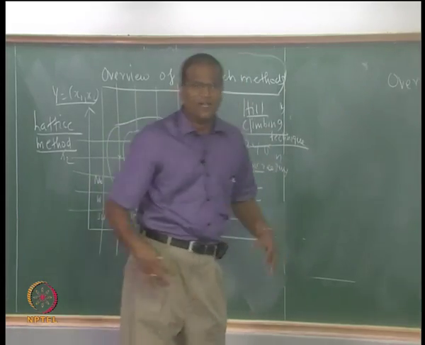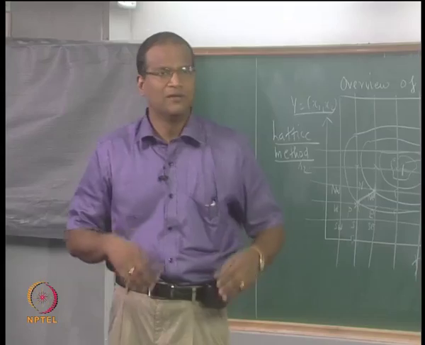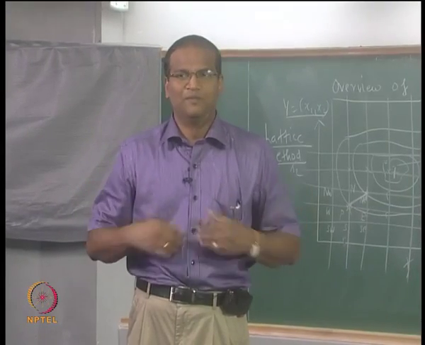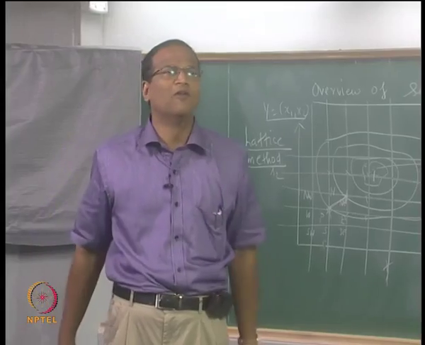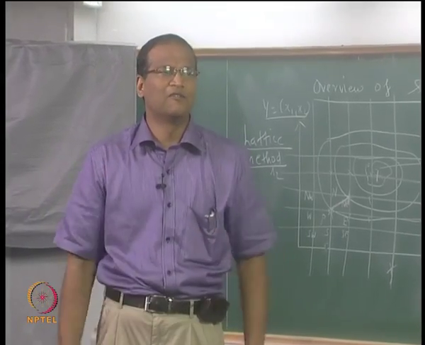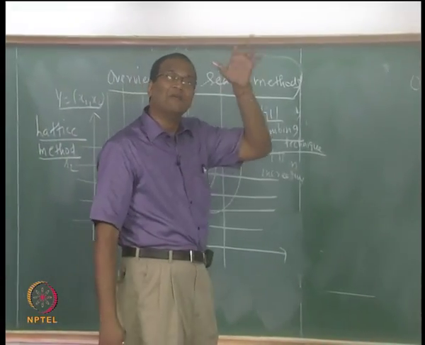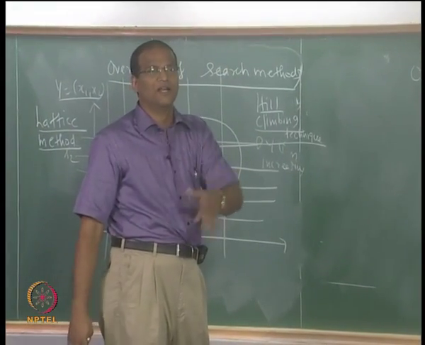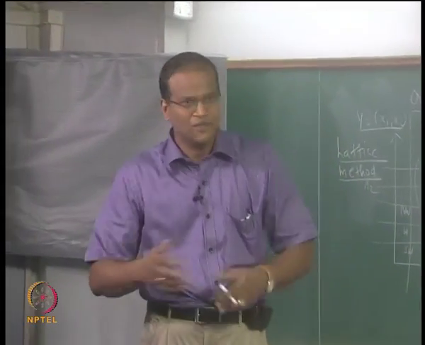If getting y is so difficult, you can use a neural network: get the solution for 10 values of x1, 10 values of x2, and set up a neural network which, when supplied with x1 and x2, will automatically give the value of y. That is a neural network based lattice method for solving an n-dimensional optimization problem. There is already a paper.